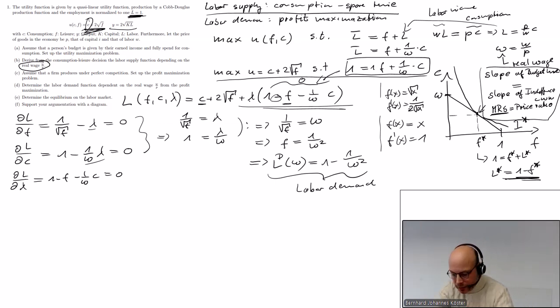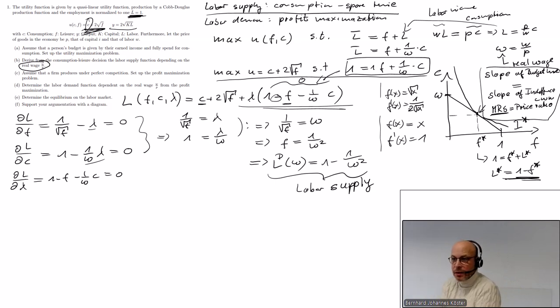So now, sorry, not labor demand, labor supply, of course. Well, in this case, if you remember the lecture, I said that in general, whether labor is increasing or decreasing with respect to the wage rate is not clear, because we have to know: is the income effect or the substitution effect larger?